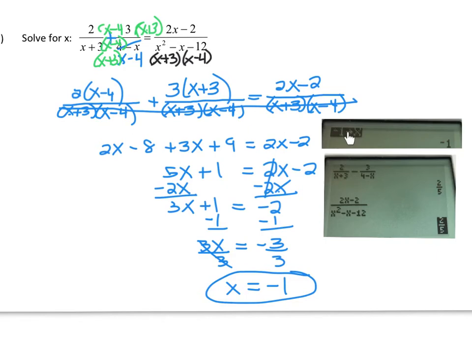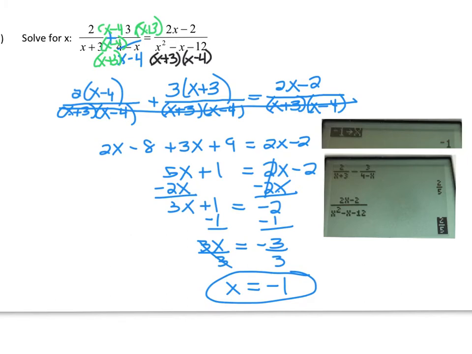The store button is right above the on button. It says STO with an arrow. Then I hit the X and hit enter. So I said negative 1, store it as X in my calculator. Whenever I hit X, as long as I'm not on the graphing screen, it's going to represent the number negative 1. This is always a good way to check in your calculator.